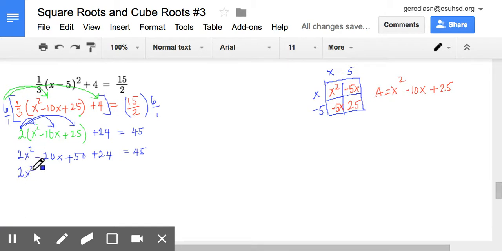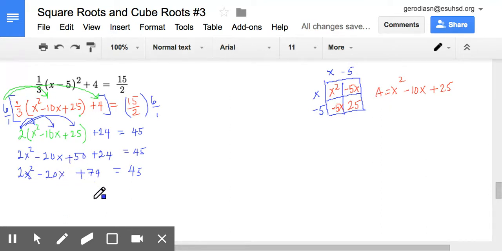So we'll have here 2x squared minus 20x plus 74 equals 45. Now this is a little different from the previous equations we've been solving, because in those equations we were able to get rid of the x squared or x cubed, and we'll only have either x squared or x cubed in the equation.